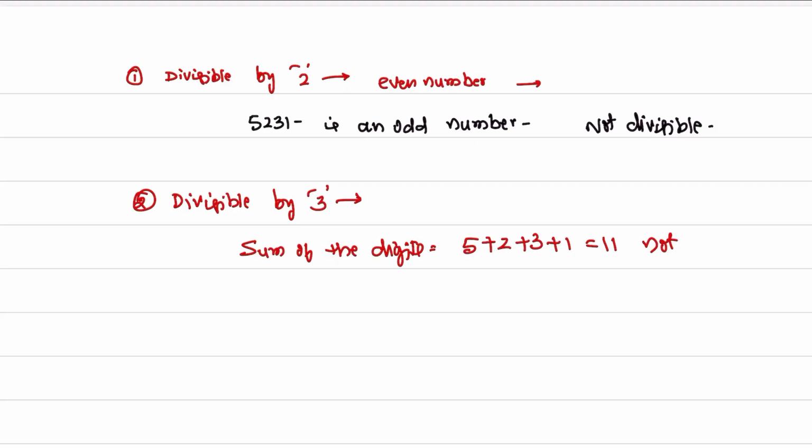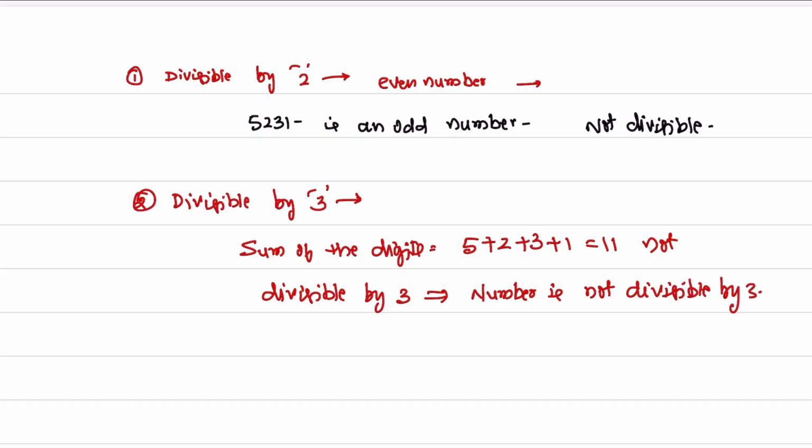Not divisible by 3. This implies the number is not divisible by 3. That means 3 is not a factor for this number 5231.